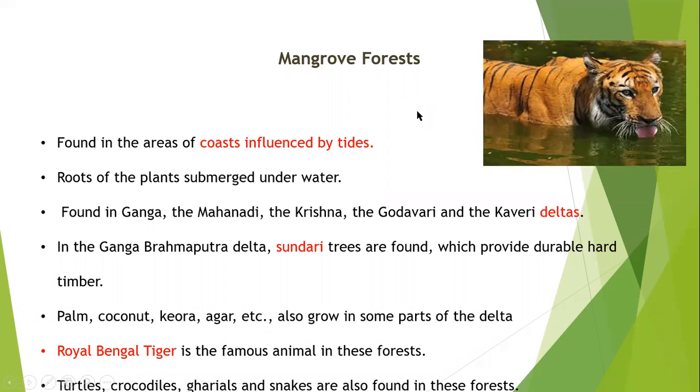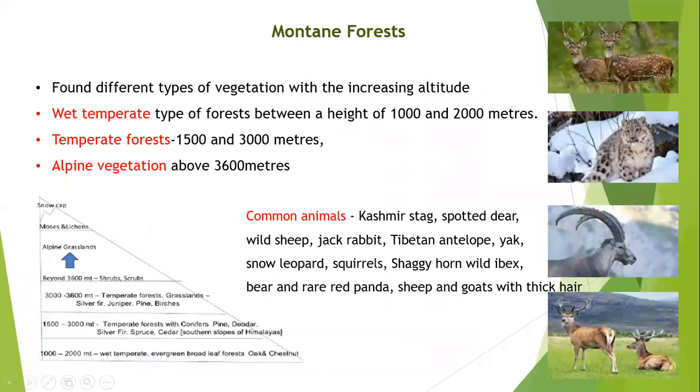I'm sorry, but I want to talk to you all about the alpine and the tundra vegetation. At altitudes above 3,600 meters, there is a transition to the alpine vegetation and grasslands.